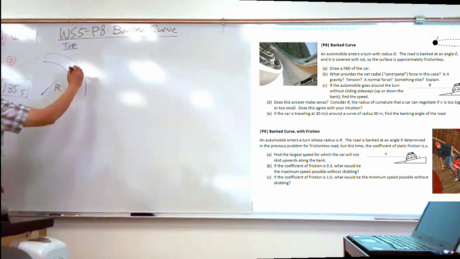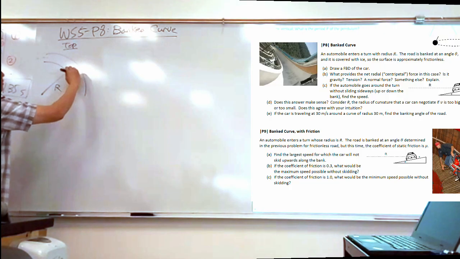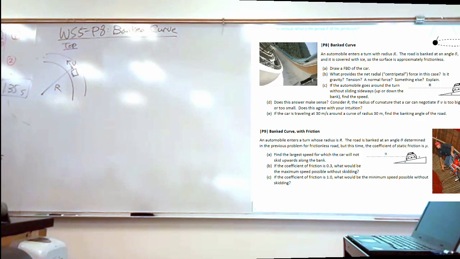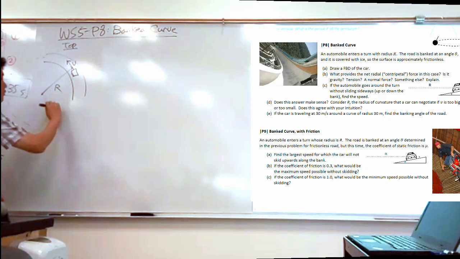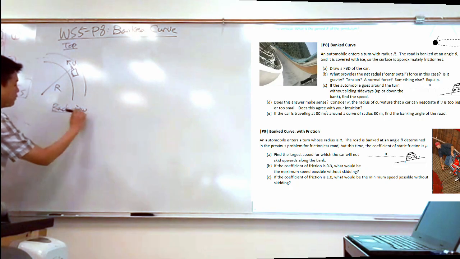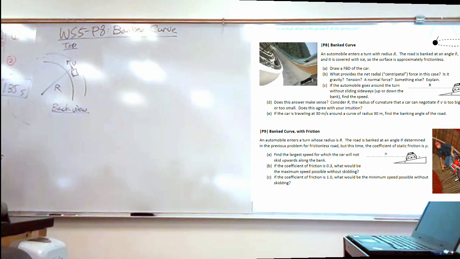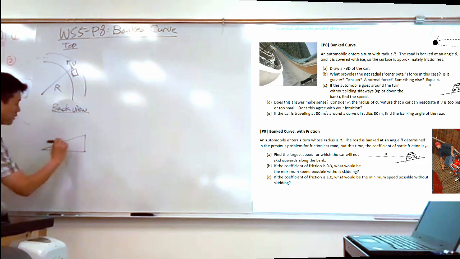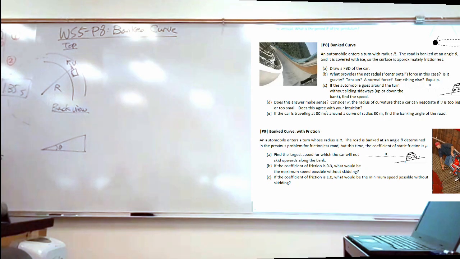From the top, let's say this is the car going on that road, moving at some velocity v. And imagine looking at this car from behind. If you are looking from behind, in the back view, then you should see that the road will be banked, angled. So this is the cross section of the road, banked at some angle theta.